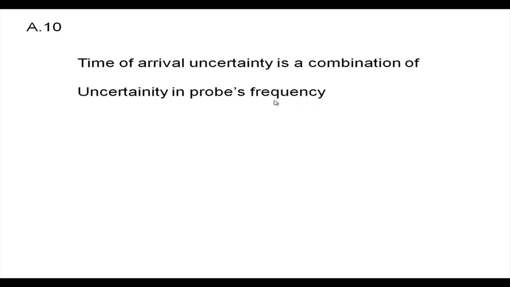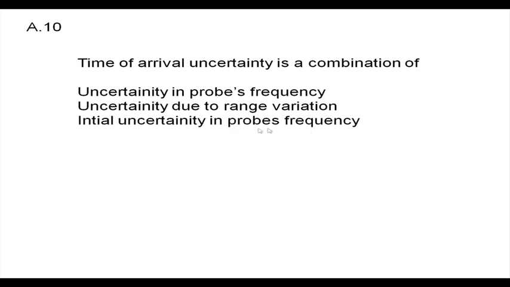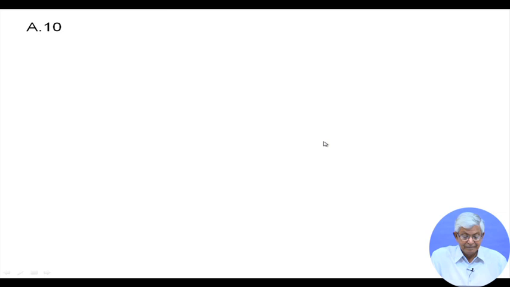If the probe frequency drifts, that calculation will go wrong, there is an offset here. Then uncertainty due to range variation, because the velocity is changing, so the arrival time will be delayed, and the initial uncertainty of the probe frequency. So, 3 things have to be considered.